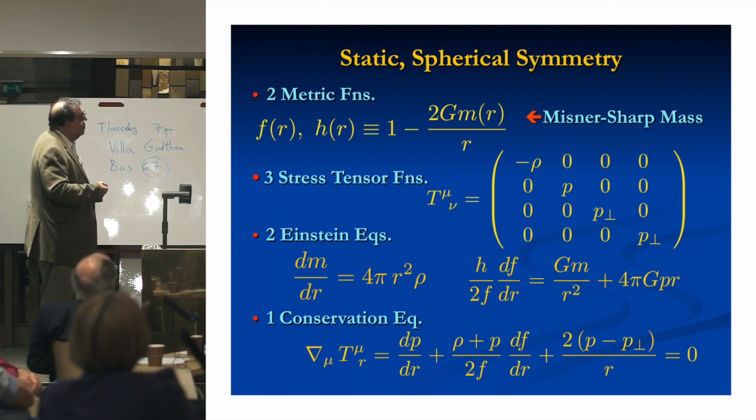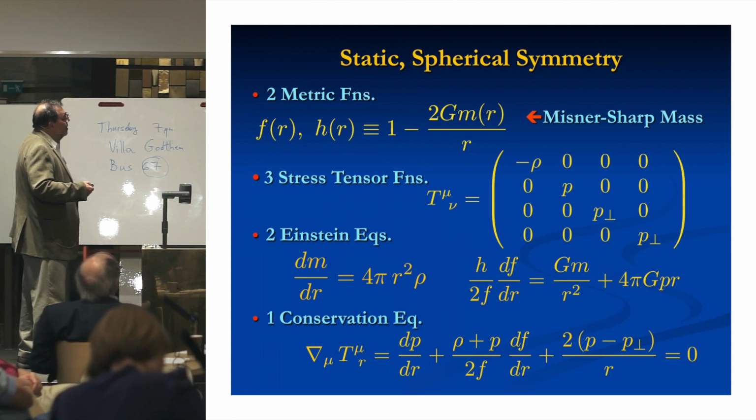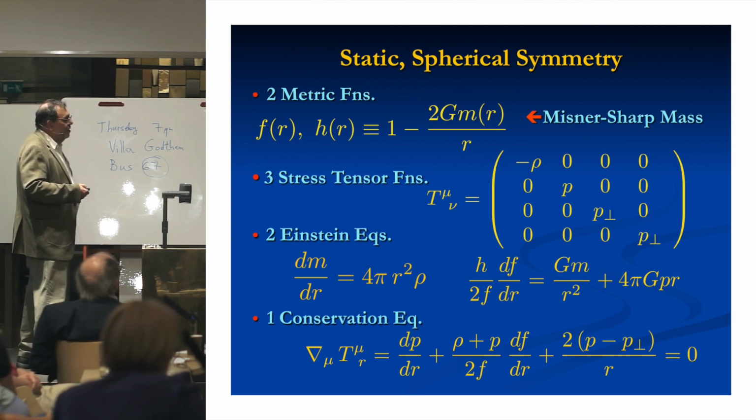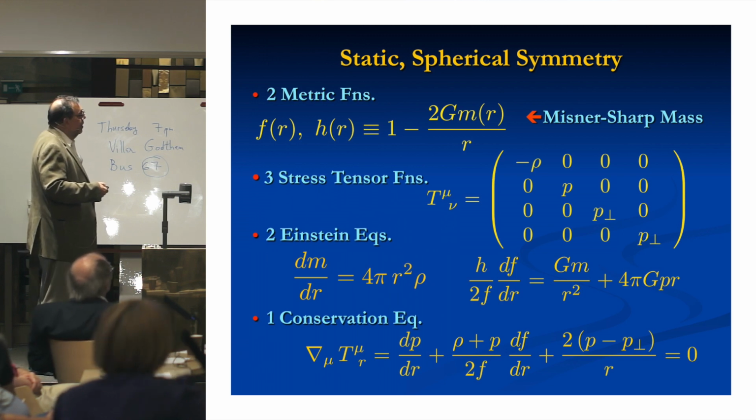There are 2 metric functions in general. I call them f and h, you remember from the metric. And I can always write h in this form, where m of r is the Misner-Sharp mass. The energy momentum tensor for spherical symmetry has 3 functions in general: the energy density, the radial pressure, and the transverse components of the pressure, which need not be the same as the radial one.